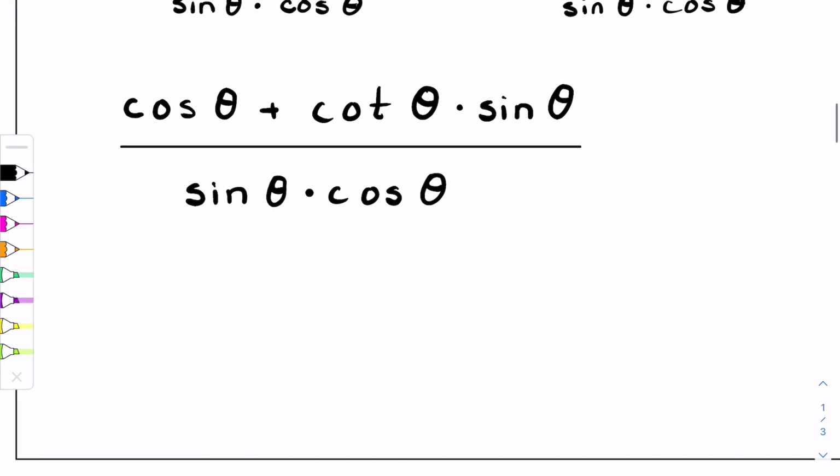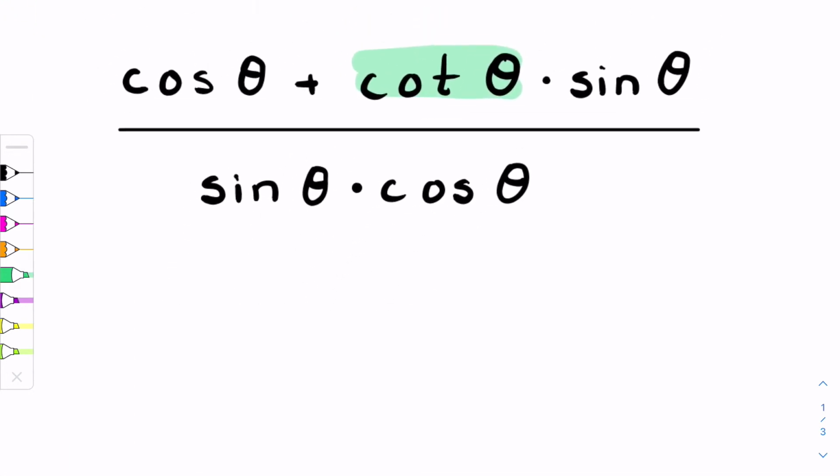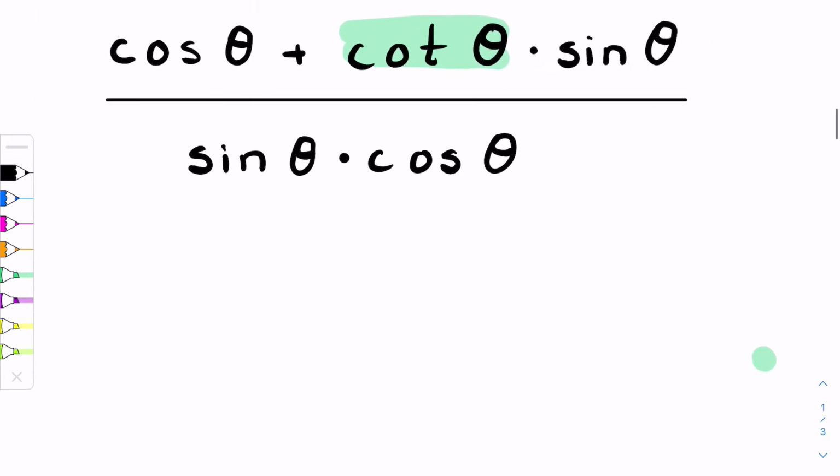Now, if you look at this problem, we have all sine and cosine values except for this one cotangent value. And that's where that little memo I talked about when we first started comes in. Cotangent is equivalent to cosine over sine. So I'm going to replace cotangent with cosine over sine.